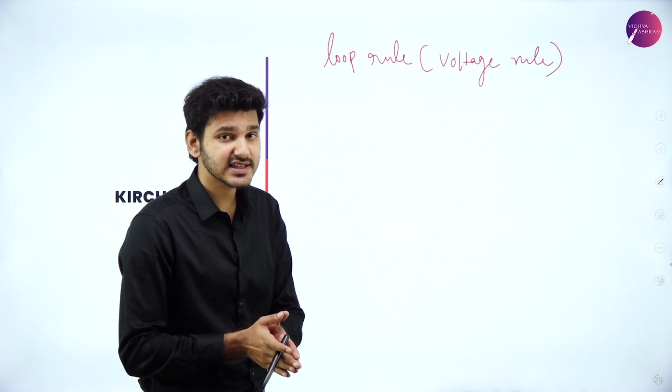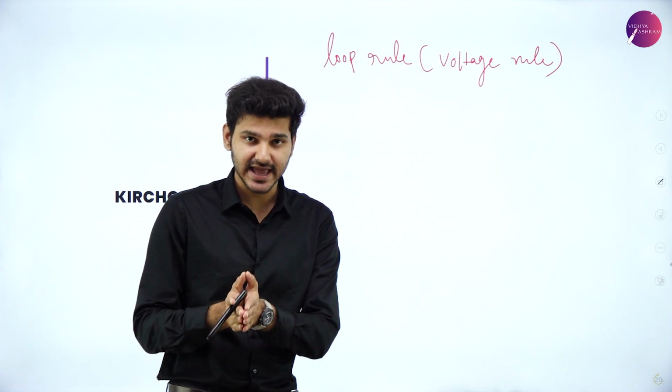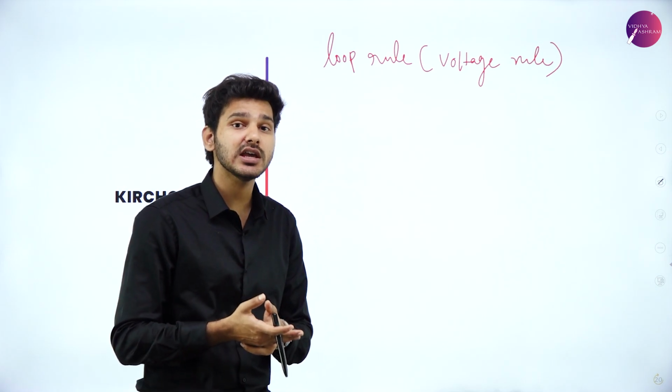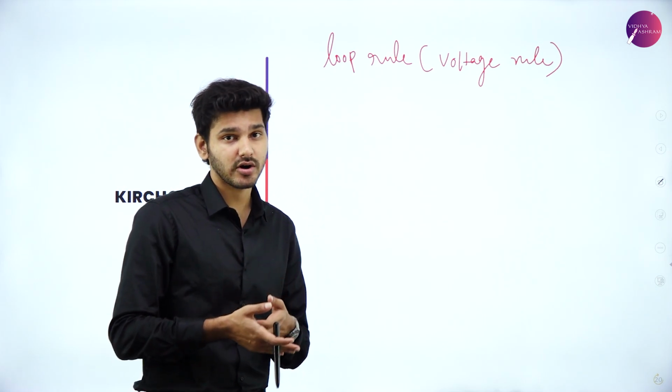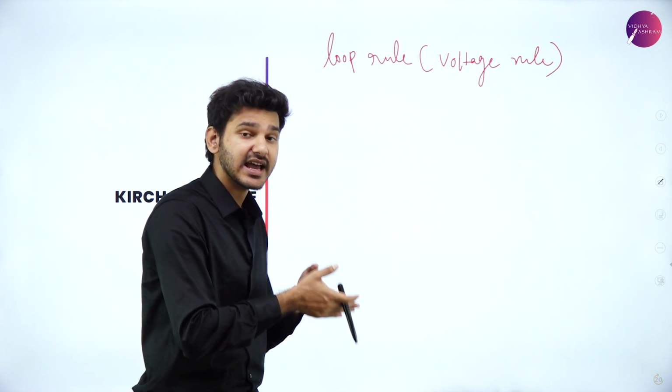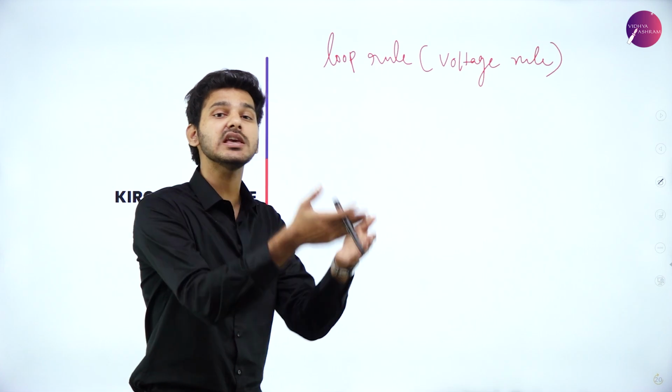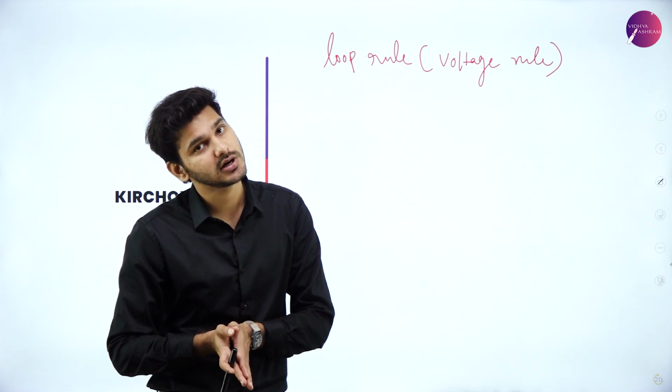So simply we can say that the loop rule says that the net voltage in a particular loop will be equal to the sum of the product of current and resistors in that particular circuit, which is equal to the EMF in that particular loop.